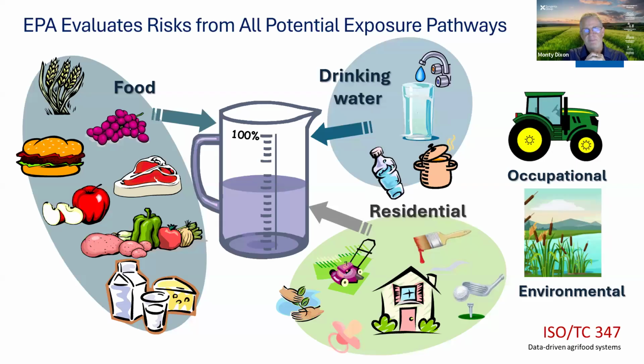And then also, what is the potential risk from exposure in the environment? Will it jeopardize endangered species? Will it impact habitats? So the agency has to evaluate risk from all these potential routes of exposure to make sure that these products still meet the FIFRA definition of being determined not to cause unreasonable harm to man or the environment.